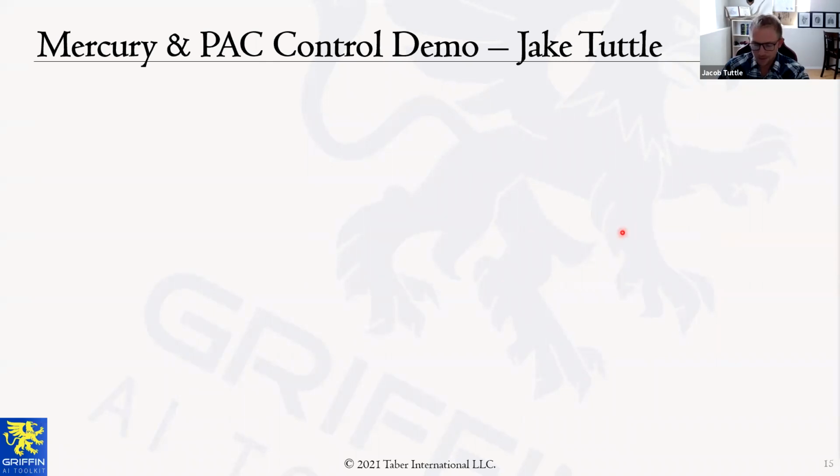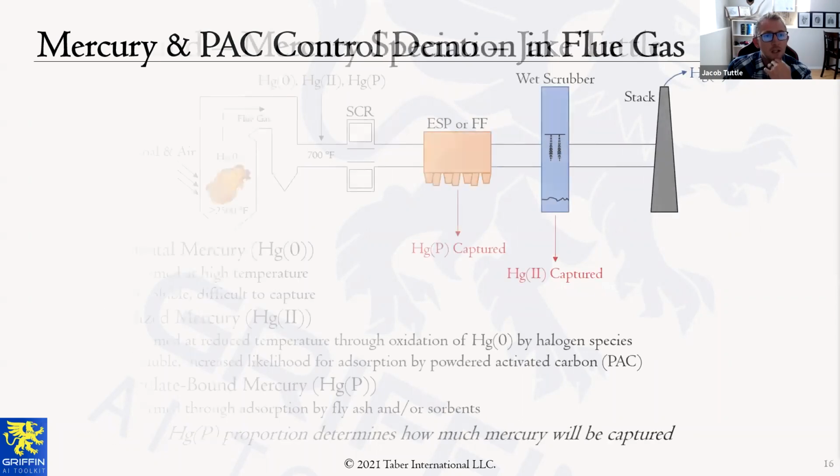I'm going to talk about a much simpler system, a much simpler control objective, being mercury emission rates and pack injection rates, minimizing pack while also minimizing mercury emissions to reduce costs, but also to account for the effects of pack injection on the process itself.